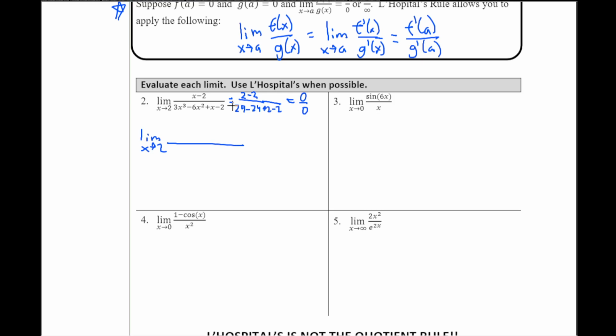Take the derivative of the top, which is 1. The derivative of the bottom is 9x squared minus 12x plus 1. And now we can just plug in the 2. So 9 times 2 squared is 36, minus 12 times 2 is 24, plus 1, and that gets us 1 over 13.